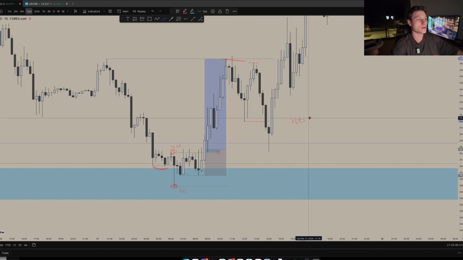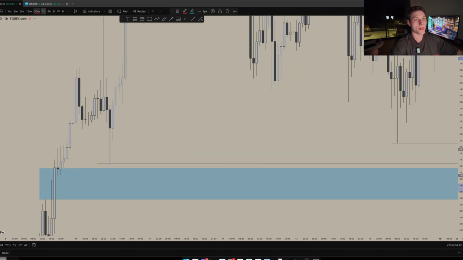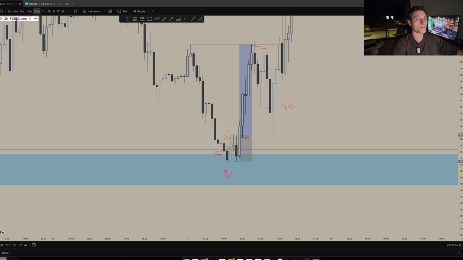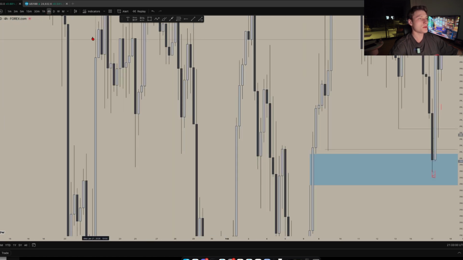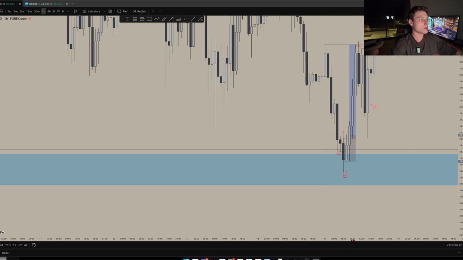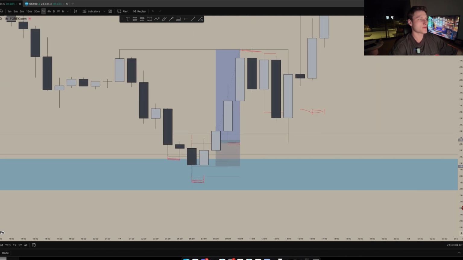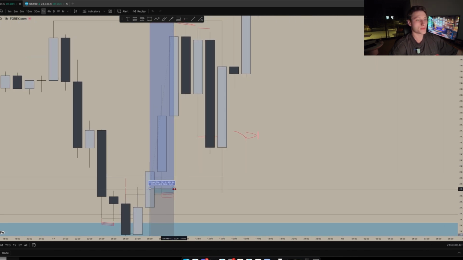So now, I believe that the price could go all the way to these lows, but what I want to see now is a new zone, a new area, which will be my support area. And this will be the 1 hour time frame fair value gap over here.